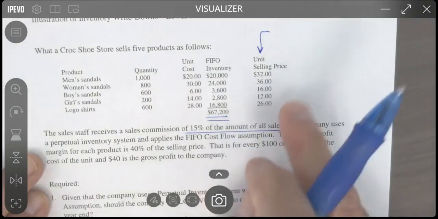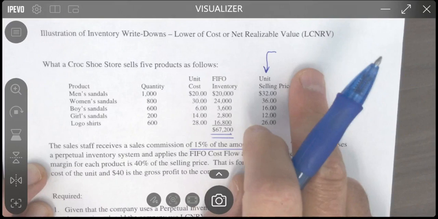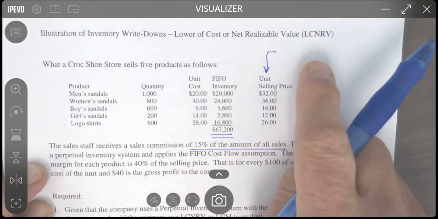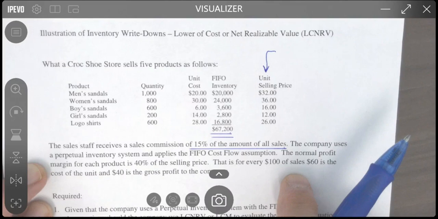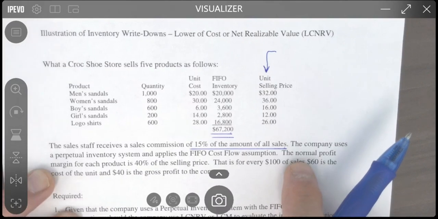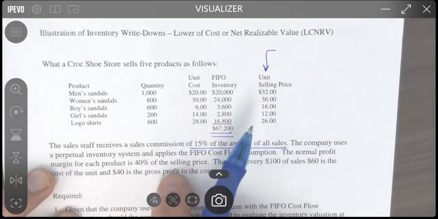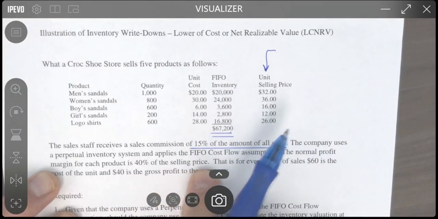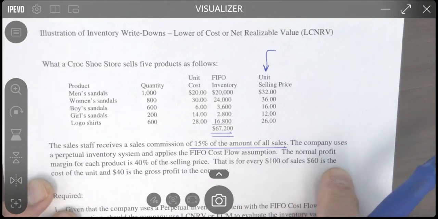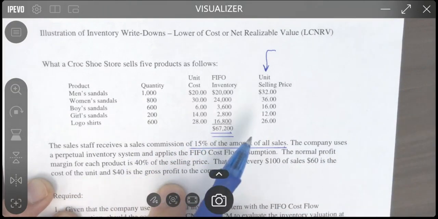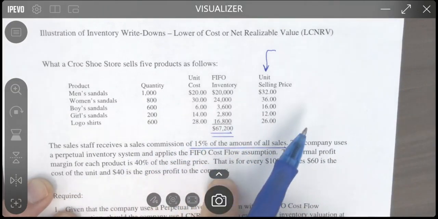That's going to tell us which method applies, the lower of cost or net realizable value or the lower of cost or market. The normal profit margin for each product is 40% of the selling price. That is, for every $100 of sales, $60 is the cost of the unit and $40 is the gross profit to the company. That's the normal selling price.